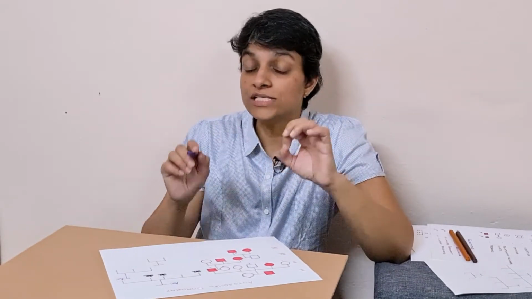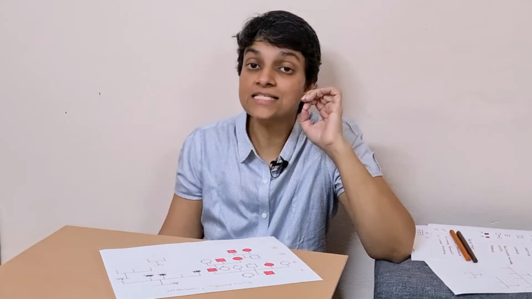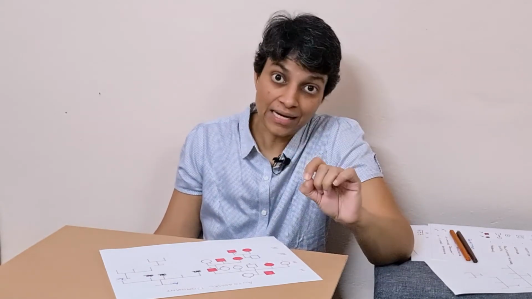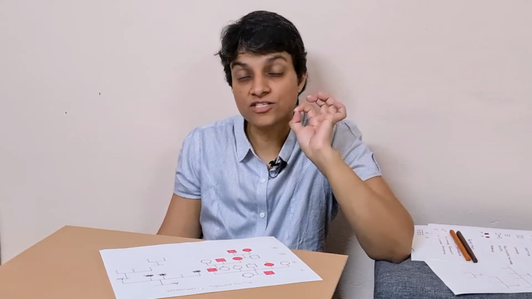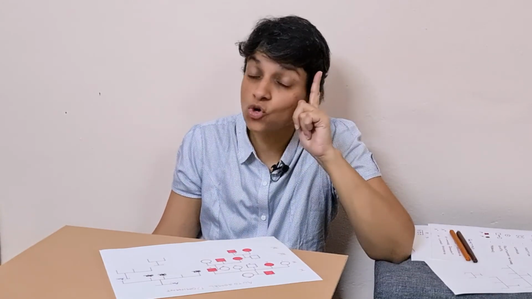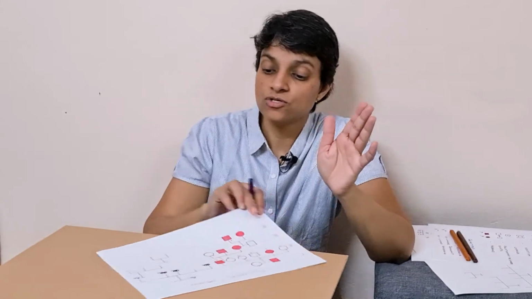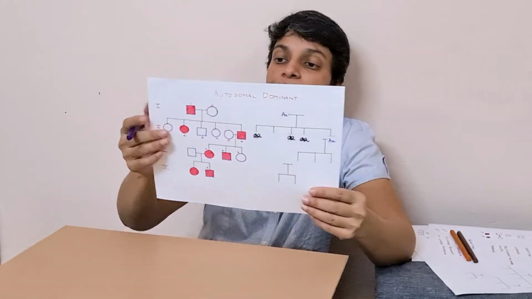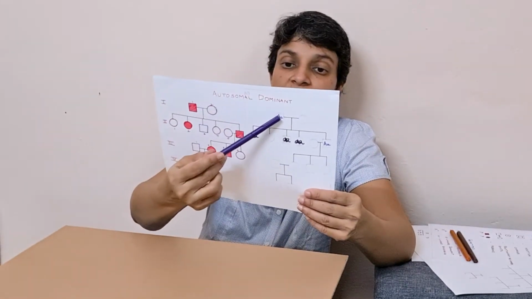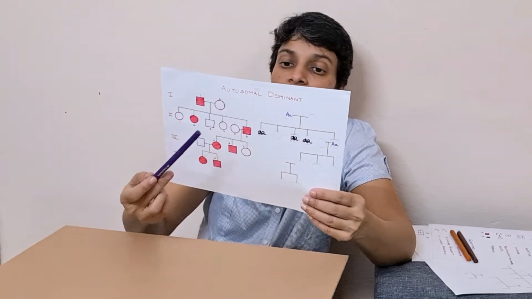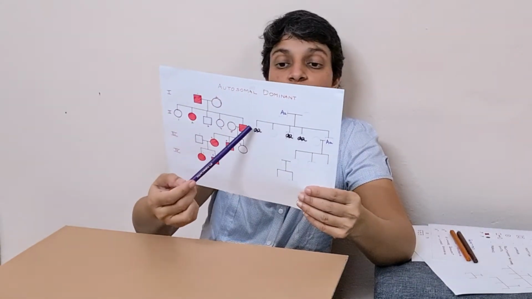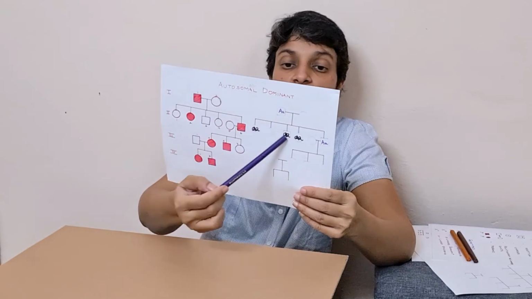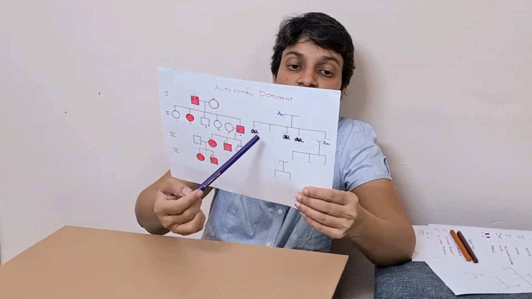The individuals that do not show the disease in this pedigree have to be homozygous recessive, because the presence of one capital A is enough to cause the disease. So therefore, the father shows the disease, so we wrote him as capital A, small a. And he has to be capital A, small a, because some of his children got his small a gene.